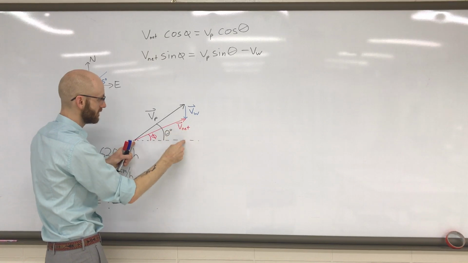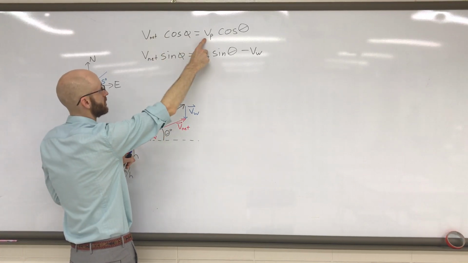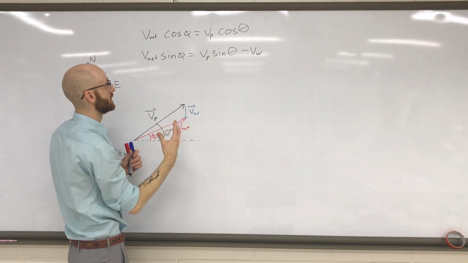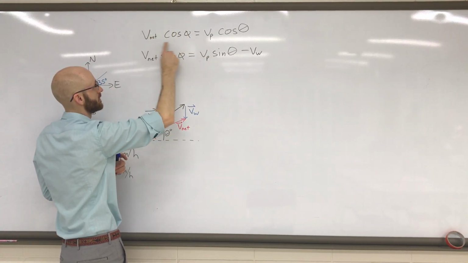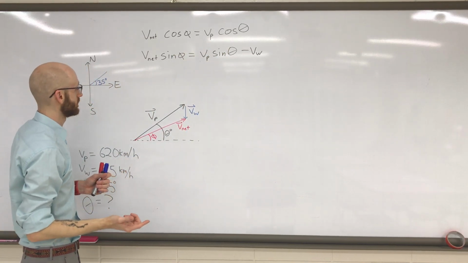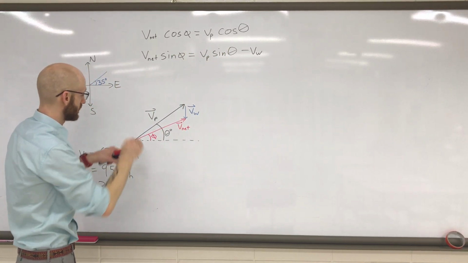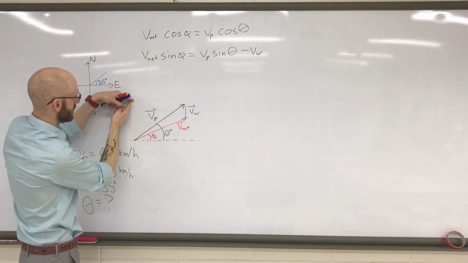So the net velocity of the plane just comes from the plane's engine. It doesn't come from any wind. So the net velocity of the plane in the x direction is just v plane cosine theta. Pretty straightforward.